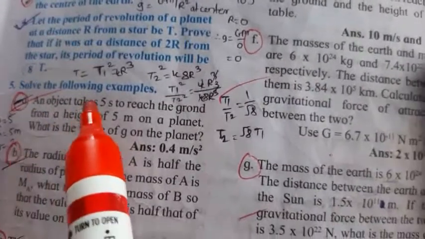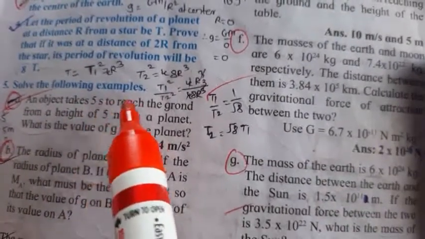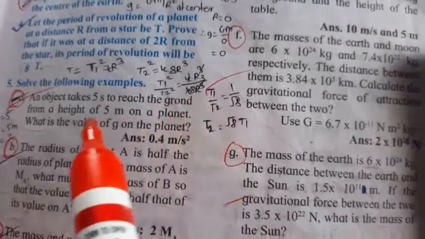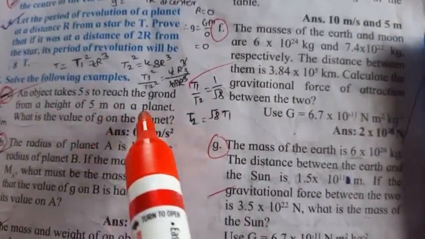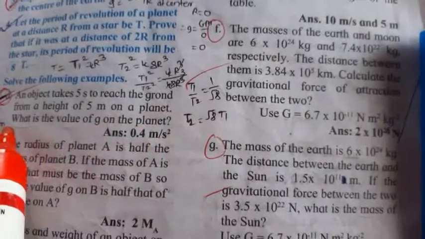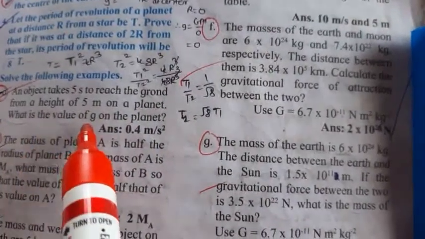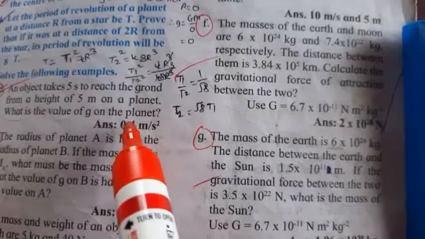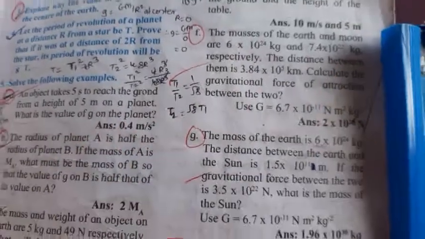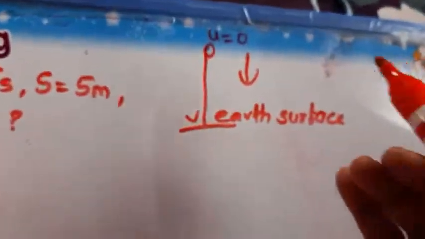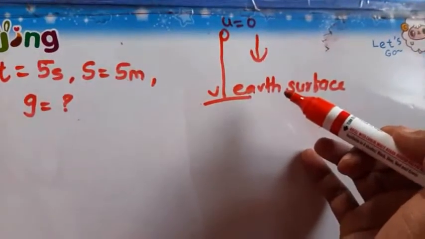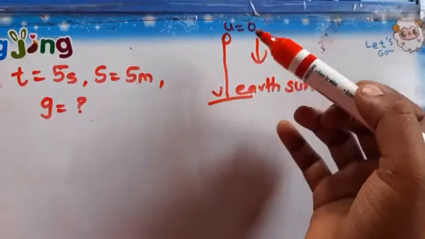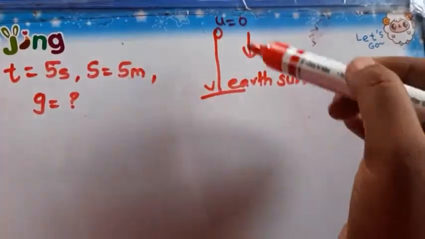an object takes 5 seconds to reach the ground from a height of 5 meters on a planet. What is the value of acceleration due to gravity on that planet? For that, just first understand what is the data. The object is falling downward.